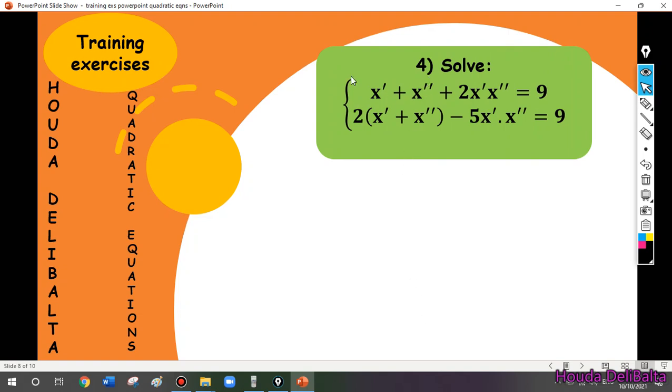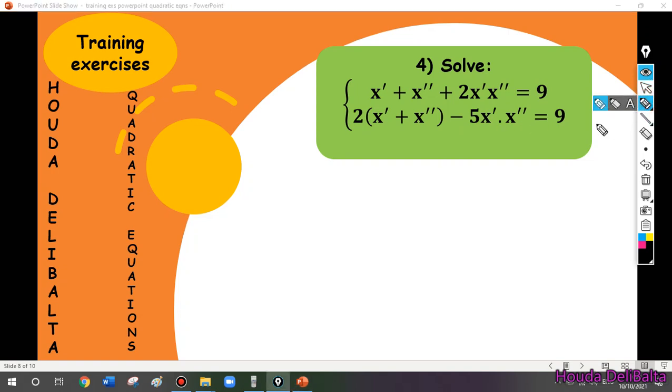So as you see, we have like a system. We have to solve that system. To solve that system means to find x prime and x double prime, which are the real variables in that system. So x prime plus x double prime plus 2x prime x double prime is 9. 2 into x prime plus x double prime minus 5x prime x double prime is 9.